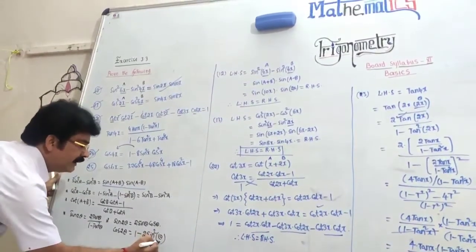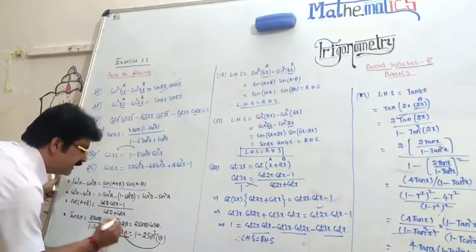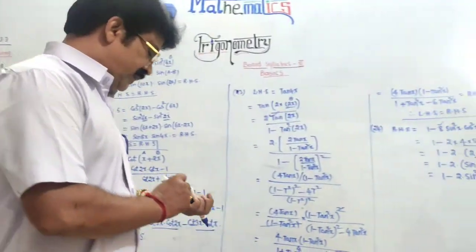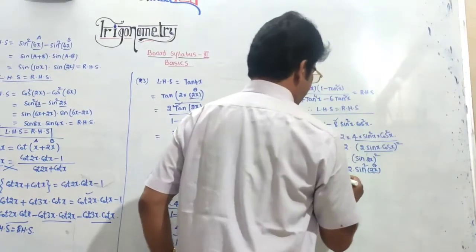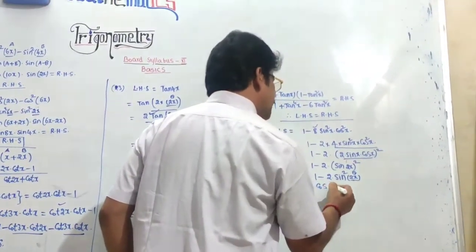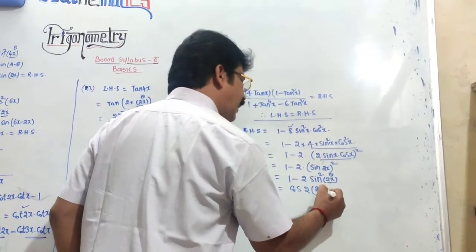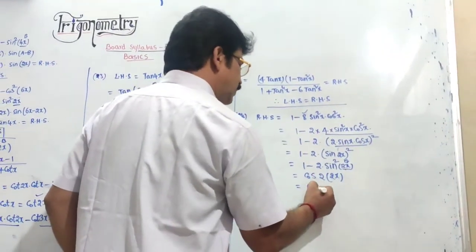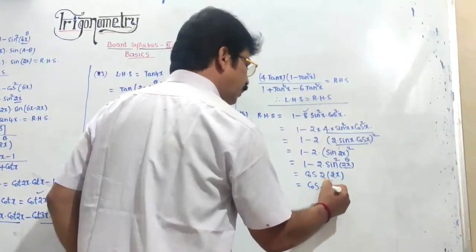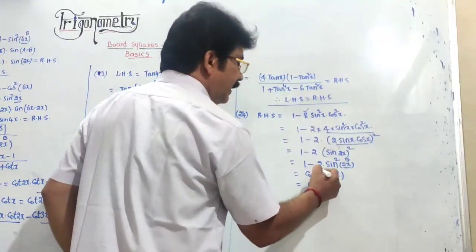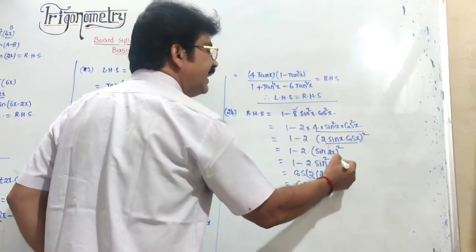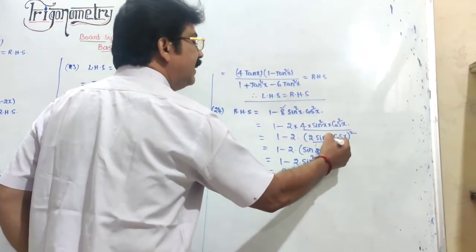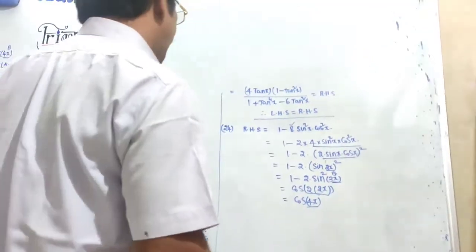Here the angle is 2x, so it is supposed to be theta. So that is equal to cos 2 theta, so that is equal to cos of 2 into 2x, cos 4x. Understand? It is completely the angle. Okay, this problem.